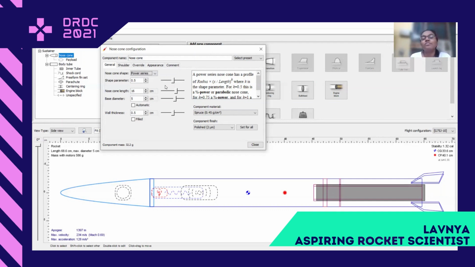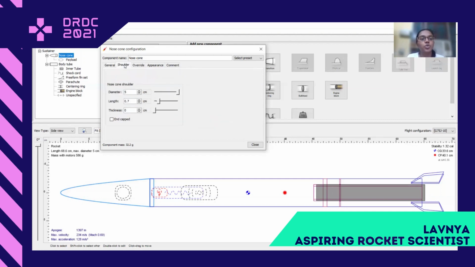I thought of using spruce just because it is something we have not frequently used. So I have chosen spruce as my material for the nose cone.